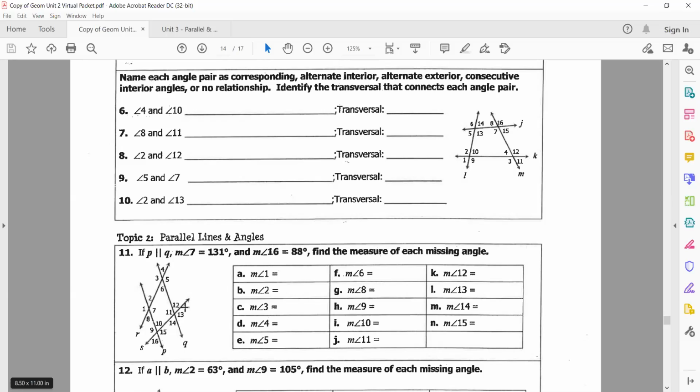And the reason that that's key is because if we're looking for angle measurements starting with angle 7, then we only care about the angles that are on this transversal R. Because what do we got here? What's the relationship between 1 and 7?